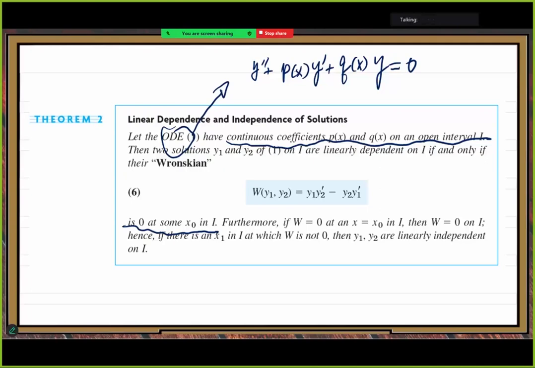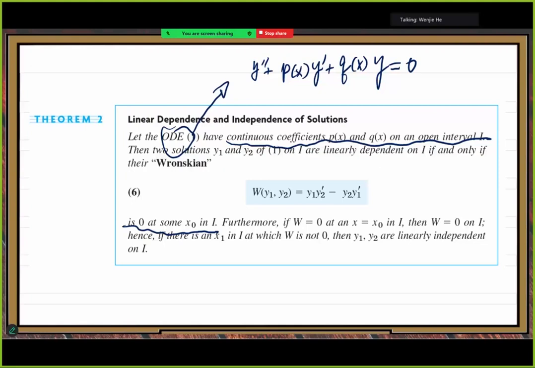Furthermore, based on this result, let's extend a little more. W equals 0 at one point is enough to make y1, y2 linearly dependent.